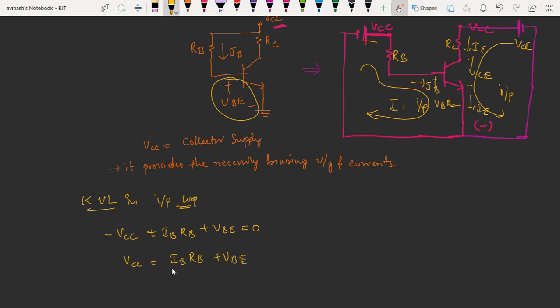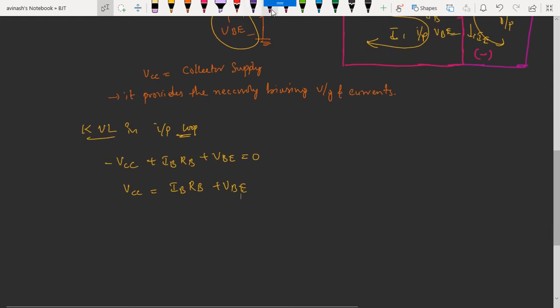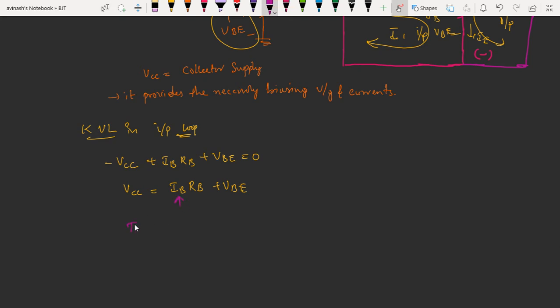Now we require the value of IB. IB into RB is equal to VCC minus VBE.